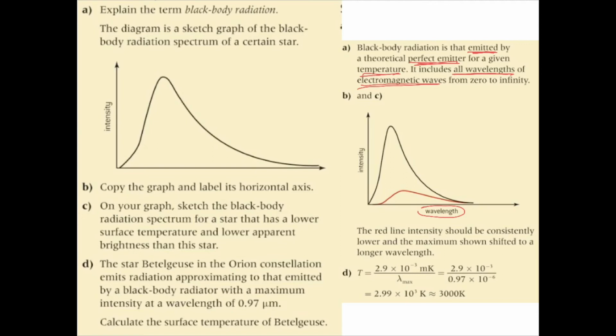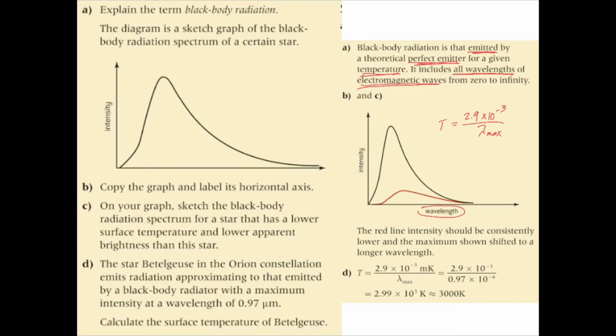The second question wants us to do, letter C, a star that has lower surface temperature and lower apparent brightness, okay? So a lower surface temperature, remember we're going back to Wien's law here. Wien's law is that the temperature is equal to 2.9 times 10 to the negative third over the maximum wavelength. By maximum wavelength, that's the one that's most common, okay?